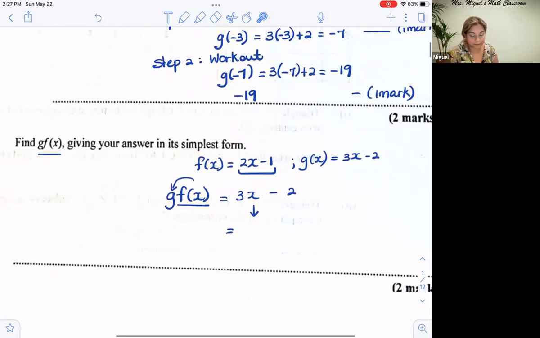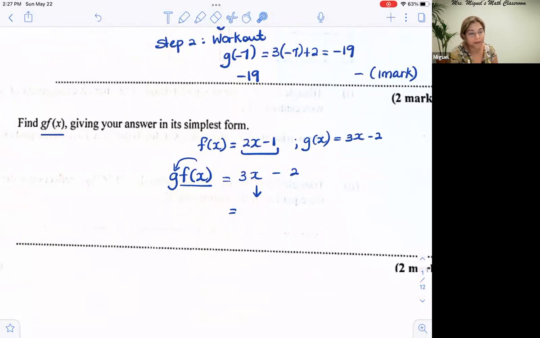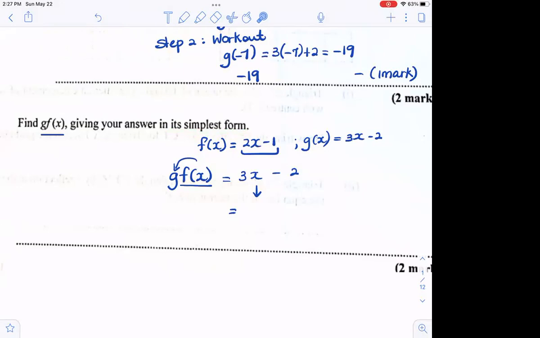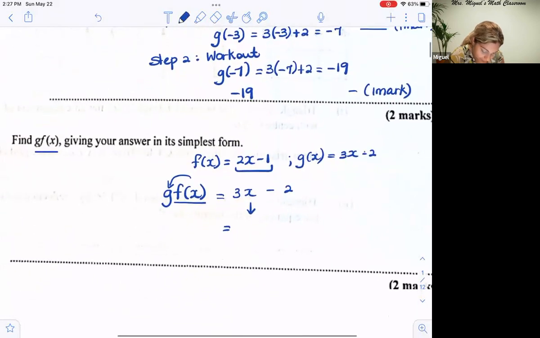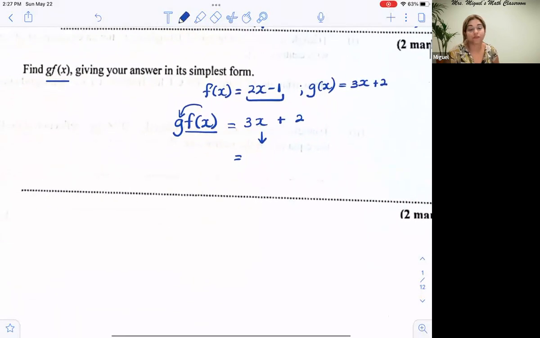It's 2 marks. You'll get 1 mark for working it out correctly. You'll get the 2nd mark for simplifying it. Excuse me, miss. Yes. G of x is 3x plus 2. All right, thank you.